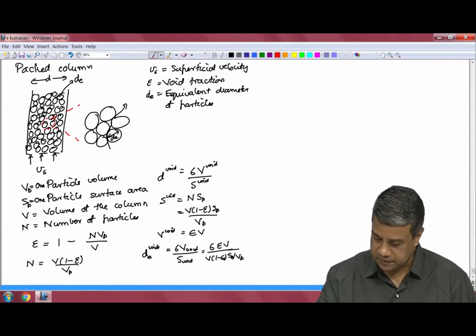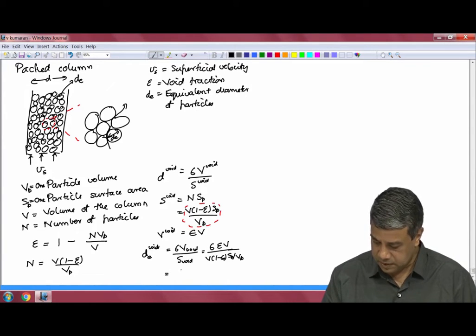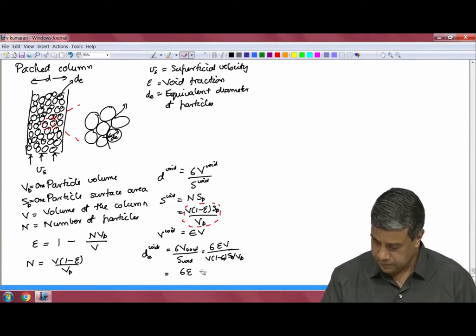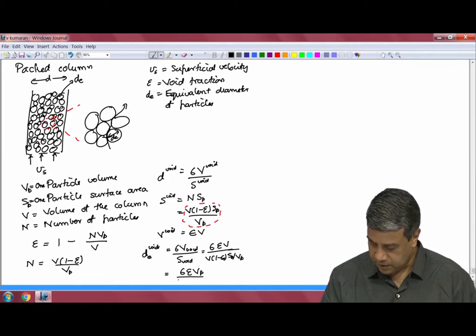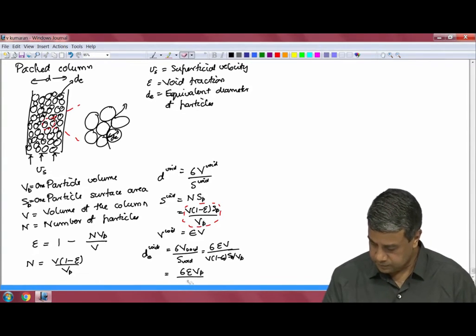Just substituting the surface area of the voids in here. And you can easily see that this is equal to 6 epsilon Vp by 1 minus epsilon Sp.